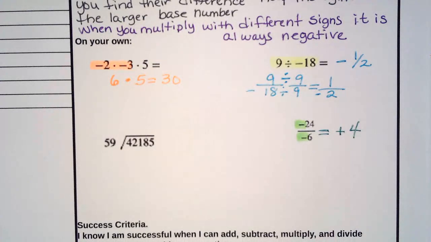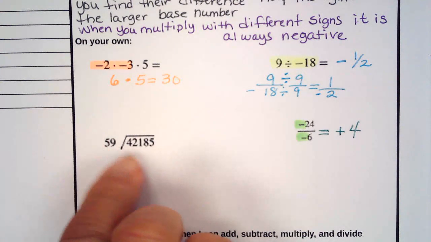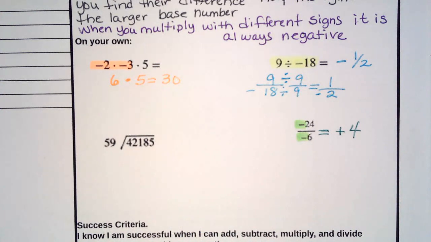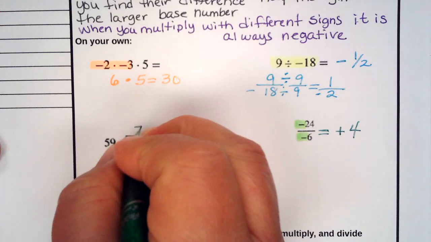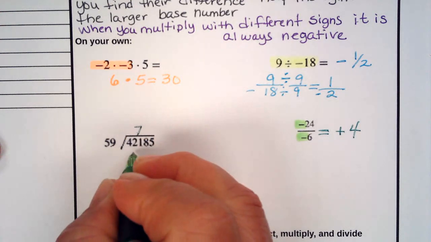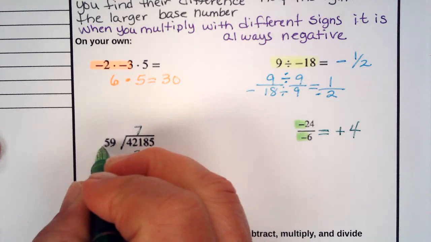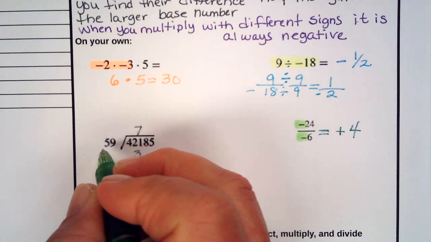Oh, now we got another one of those pesky little long divisions. Okay. So if this was 60, 60 would go into 42 7 times. Since this is 59, we know that it will go in at least 7 times. 7 times 9 is 63. 7 times 5 is 35.